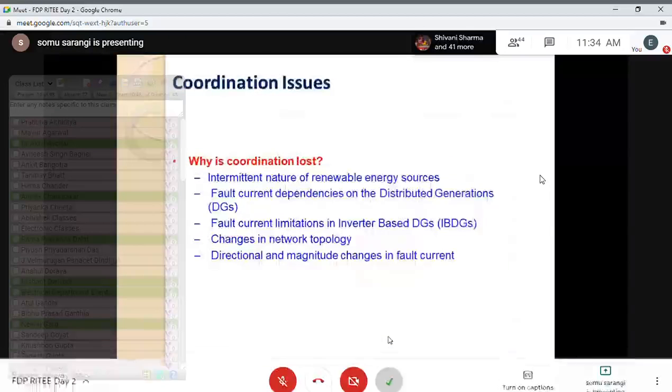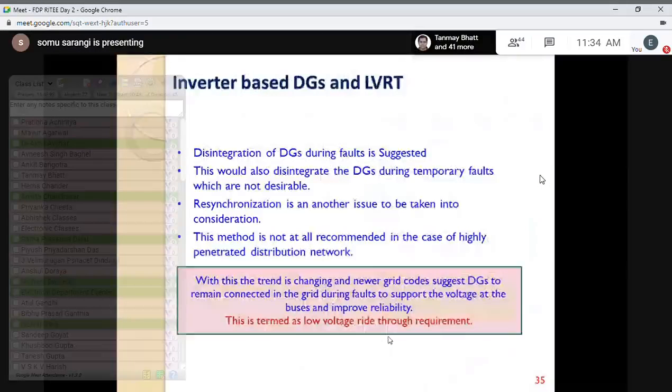So basically, when we are talking about this inverter-based DG, there may be several transient faults which may occur in our distribution system. Because of this transient fault, there is a chance that the DG may be disconnected. This disconnection of a DG because of transients will create a reliability issue.